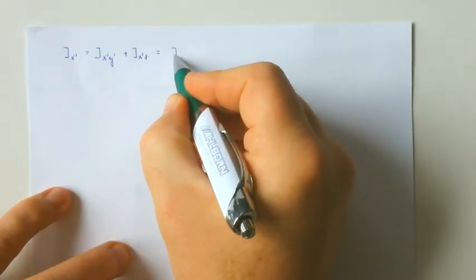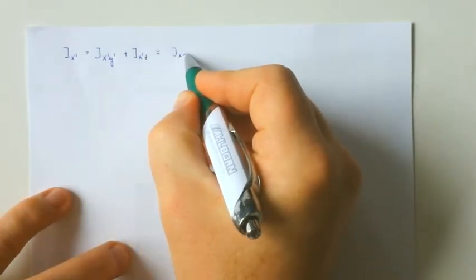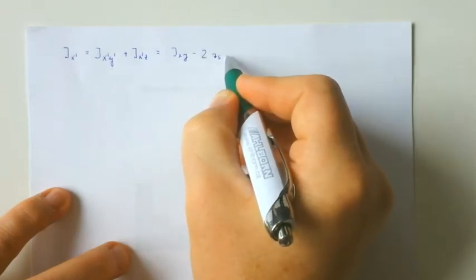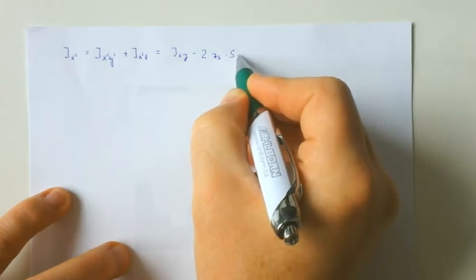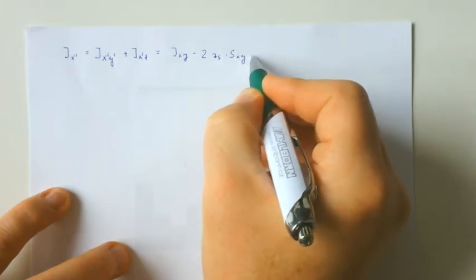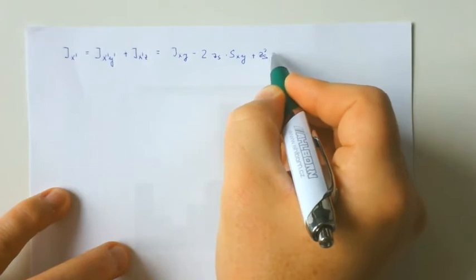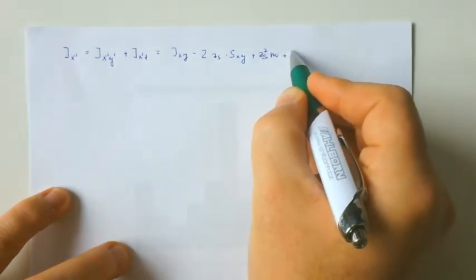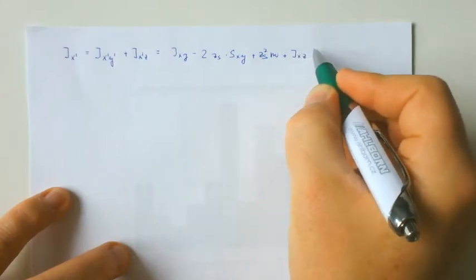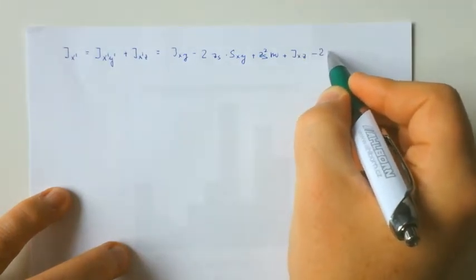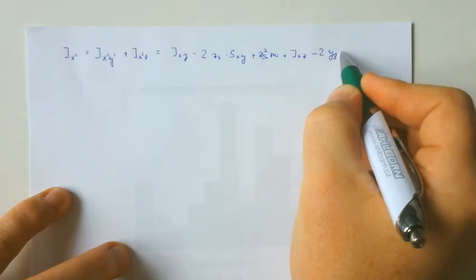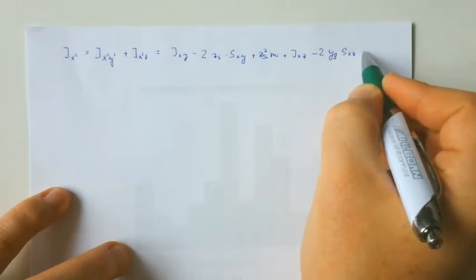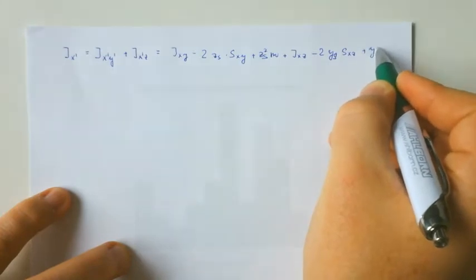So it is Jxy minus 2 zs by Sxy plus zs square m, plus Jxz minus 2 ys Sxz plus ys square m.